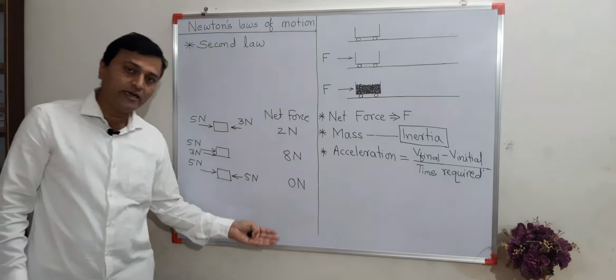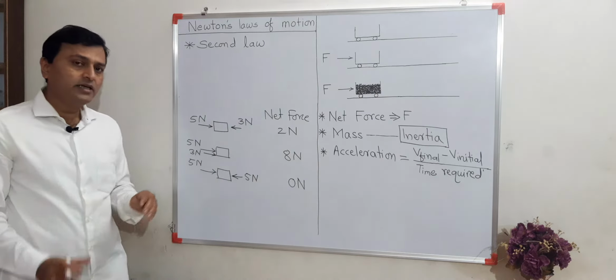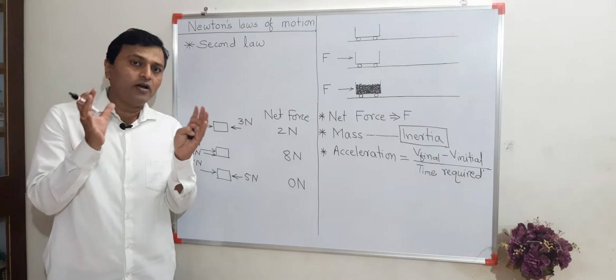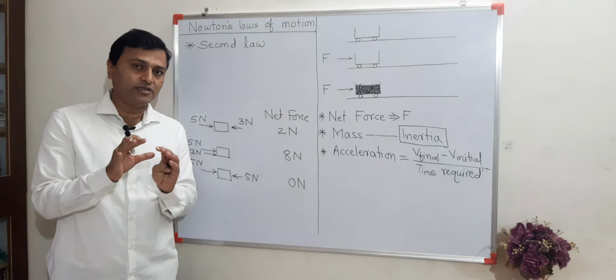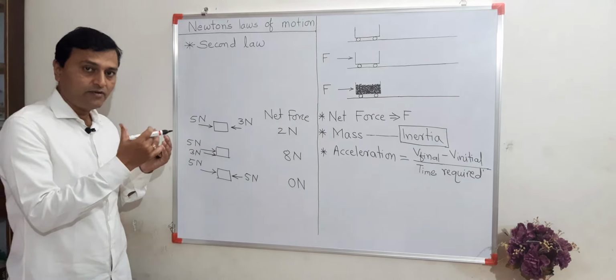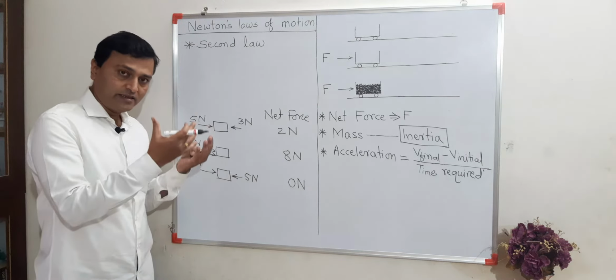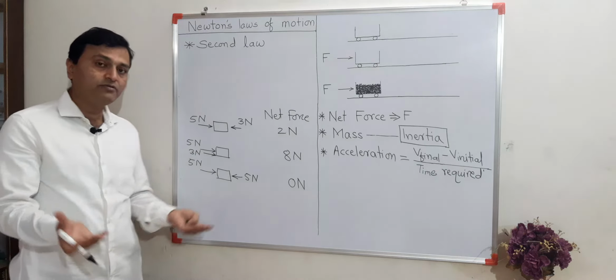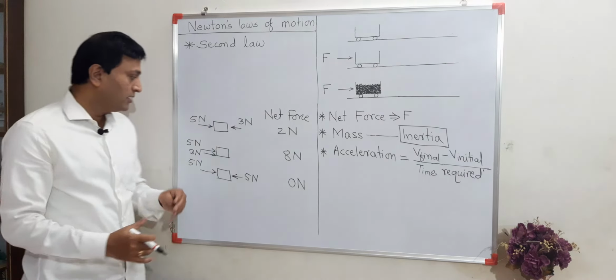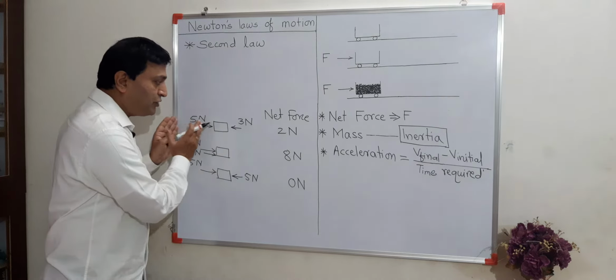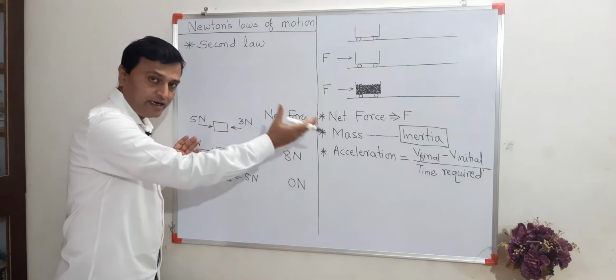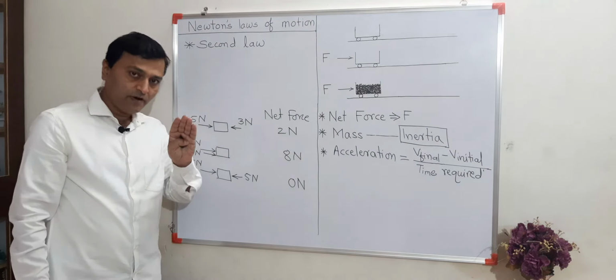How do we get different effects? Because there is an overall effect because of direction. Force is a vector quantity, it possesses direction, and that's why you have to consider direction also. For the first case, suppose 5 Newton, which is applied in the right direction, is taken as positive.